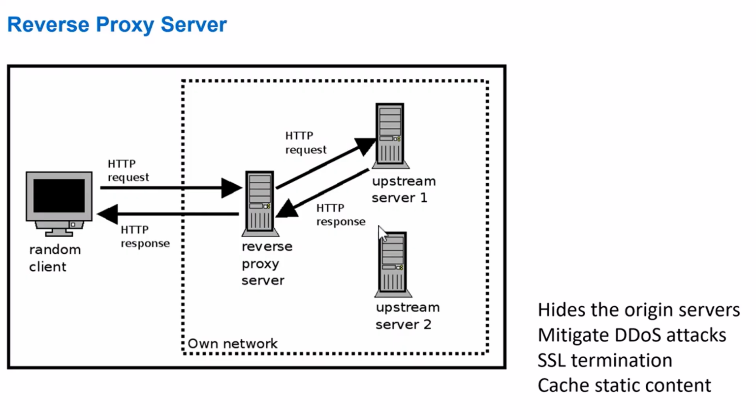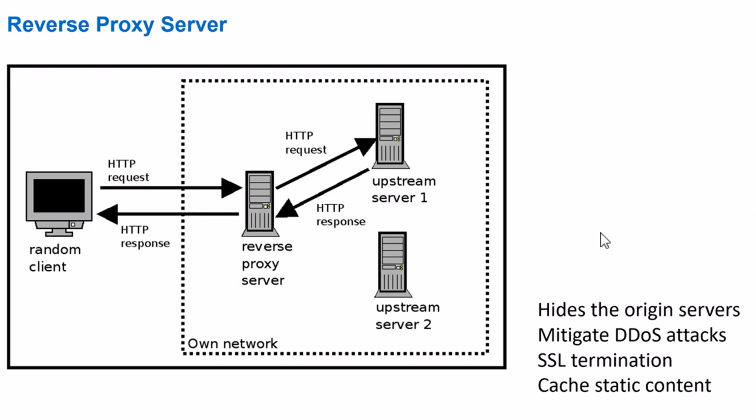And there is this reverse proxy server, and I'm pretty sure you're also aware of this. This is the case where the proxy server sits in front of the server. So here, the client request comes in, but the reverse proxy server intercepts the request, and then it sends it to the upstream server, and then the server is able to respond back. Again, the reverse proxy server intercepts that and sends the response to the client.